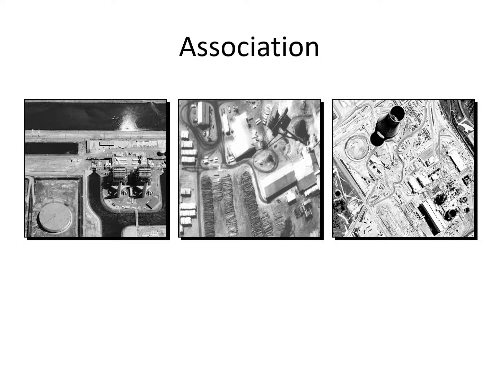So we've got a couple of images here. As far as association, when you look at the industrial layout on the far left and the cooling tower, you think power plant. The one in the middle is a sawmill. How do you know that? Well, you've got stacks and stacks of lumber along the left and trees in the middle.